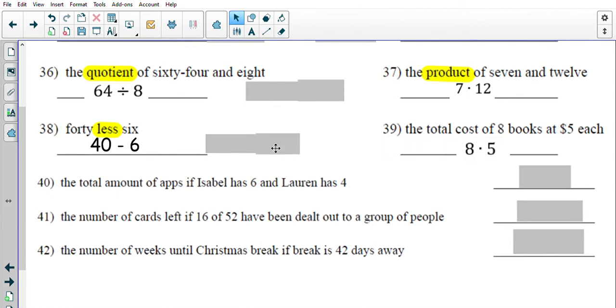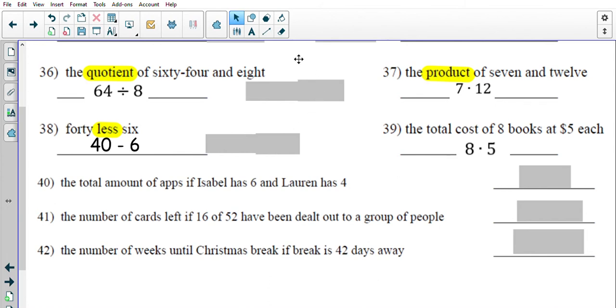It doesn't tell you it's multiplication, but you have 8 books, they're $5 a piece. To find the total cost, take 8 times 5. No need for a symbol, a dollar sign on that, or labels or anything like that. Just 8 times 5 works. I have seen students add 5 8 times as well. That also works.